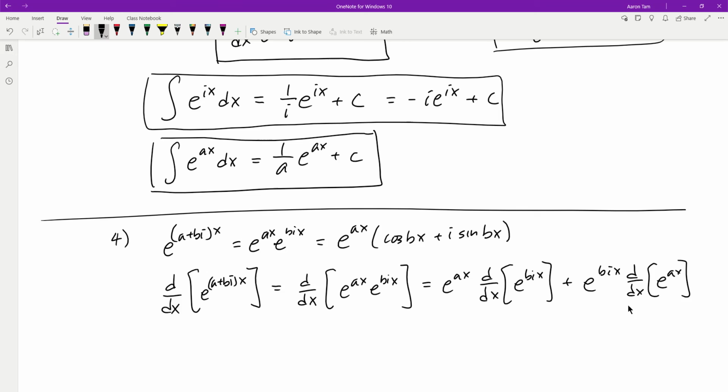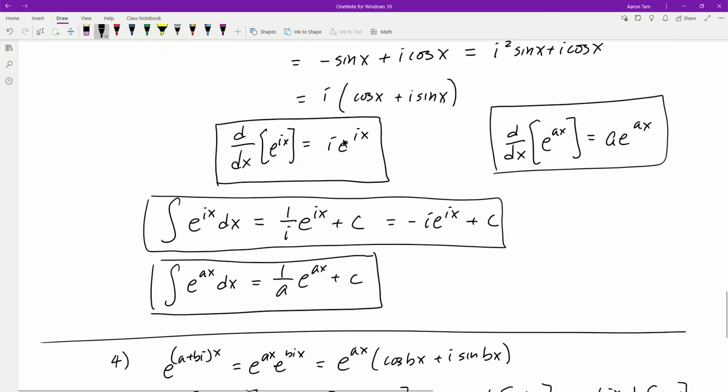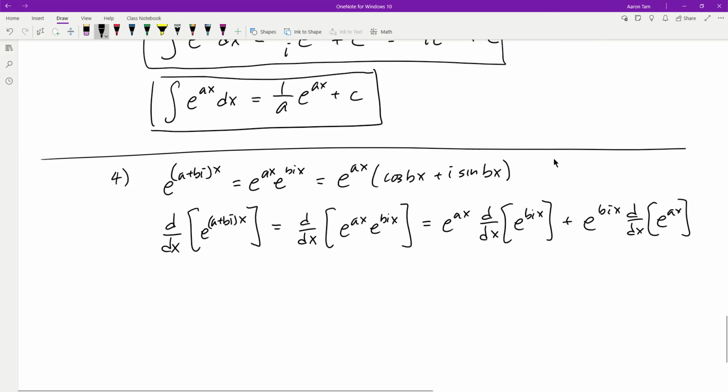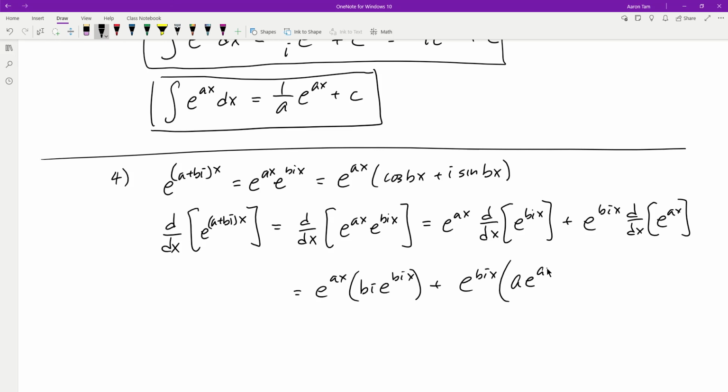So notice that I have a formula for both of these, which is right up here, right here and right here. So both of them actually satisfy the same exact formula by putting the coefficient in front of it. So therefore, if I continue, that just becomes e to the ax, bi e to the bix, plus e to the bix multiplied by a e to the ax.